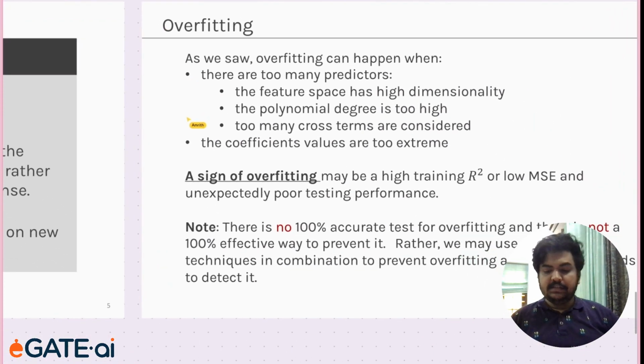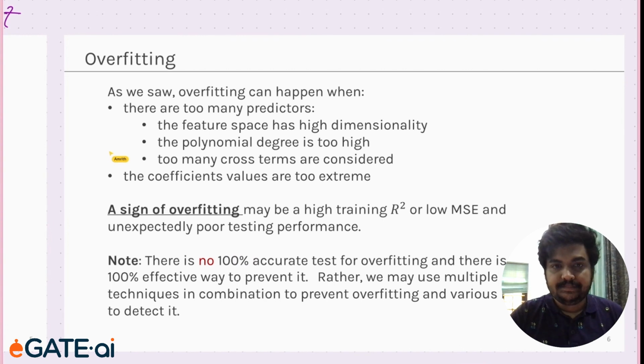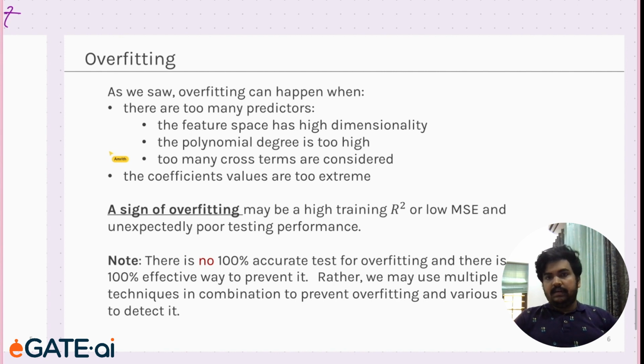Now, why does overfitting happen? Primarily overfitting can happen either due to too many predictors or the coefficient values being too extreme.